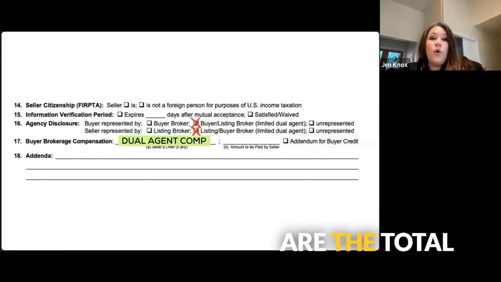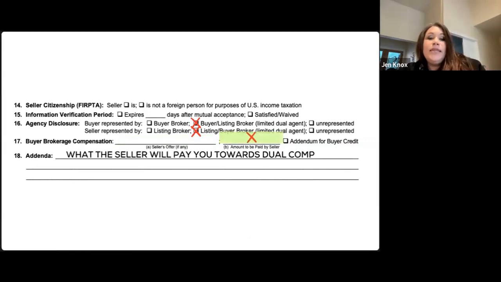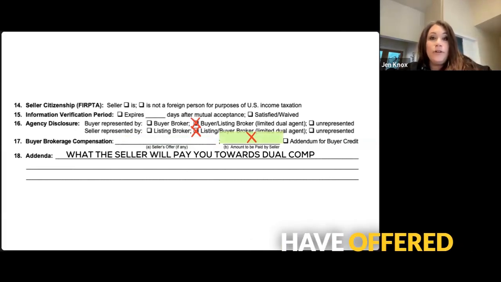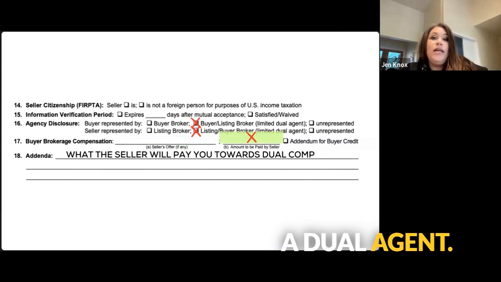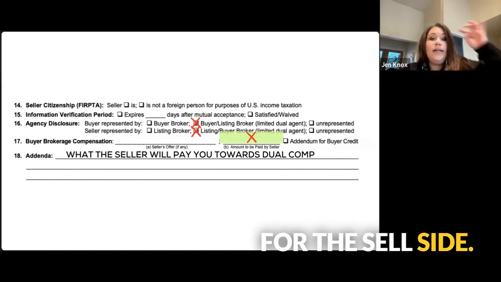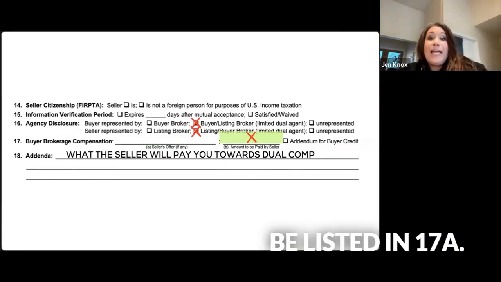Those numbers are the total that a dual agent would receive. And then on 17B, this is going to be the amount that the seller pays. The seller could have offered in the listing agreement to pay $20,000 to a dual agent, $10,000 for the buy side, $10,000 for the sell side. If that's the case, $20,000 would need to be listed in 17A.